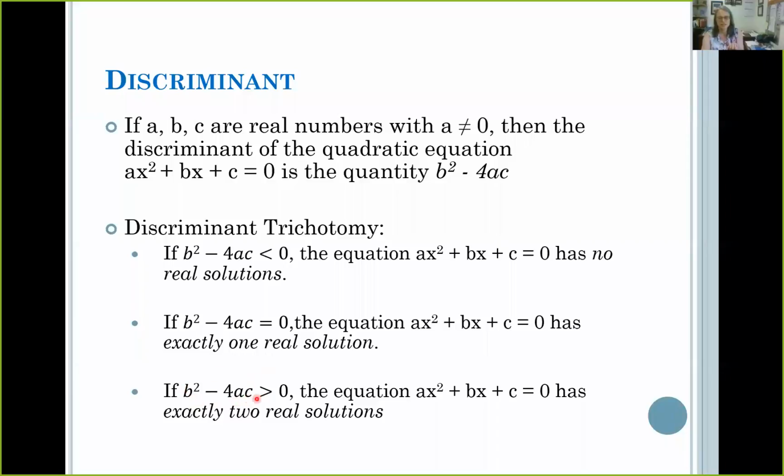If our discriminant is positive, that means our parabola has exactly two x-intercepts and crosses the x-axis twice. So we care about this thing because it gives us hints about what our graph's going to look like.